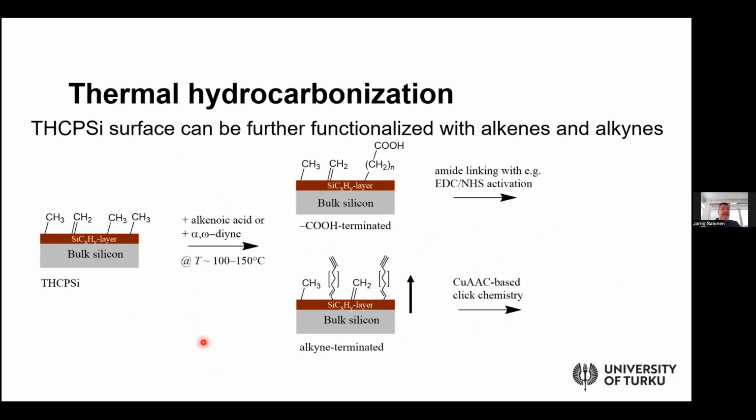What is interesting in thermally hydrocarbonized porous silicon is that even though it's quite stable, you can still functionalize it with alkenes and alkynes, and even with some other molecules. For example, undecylenic acid is what we use a lot. It is attached to the surface quite easily, even at low temperature, around 120 degrees.